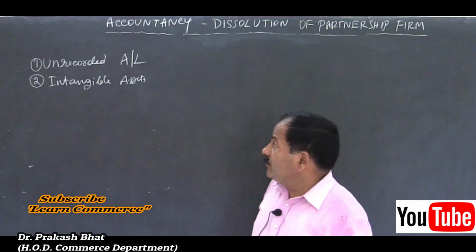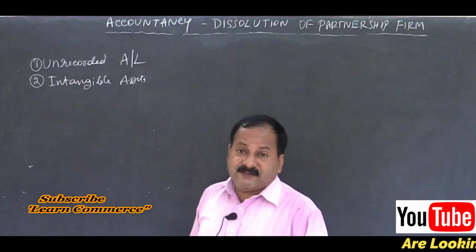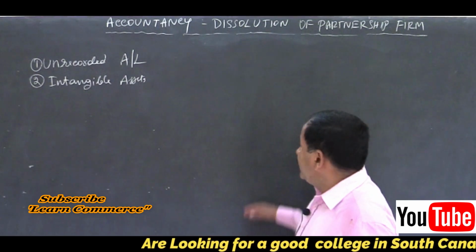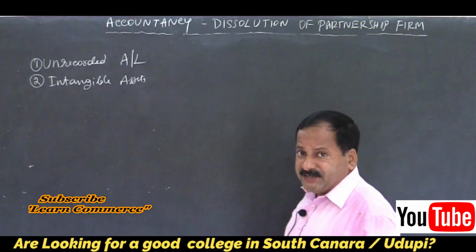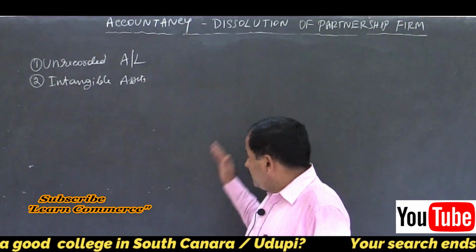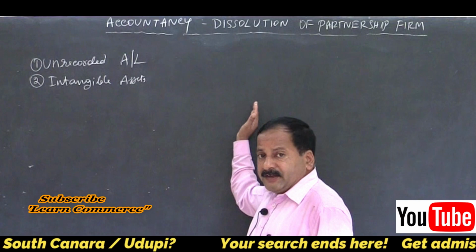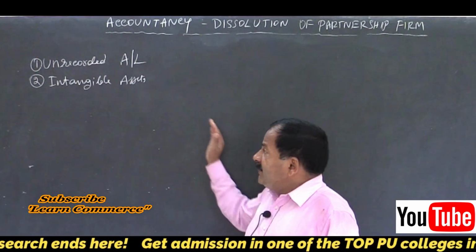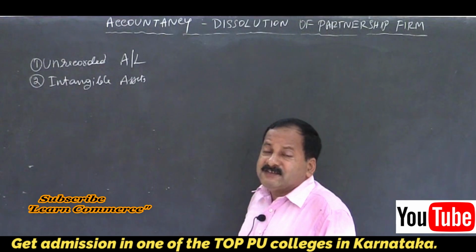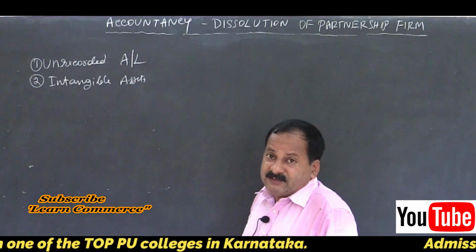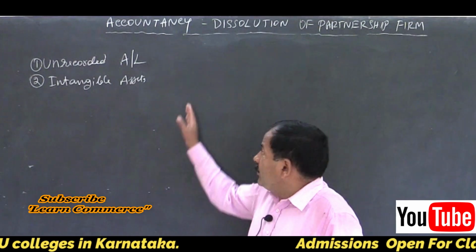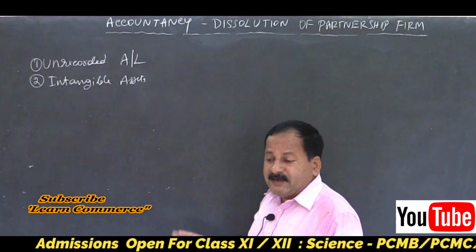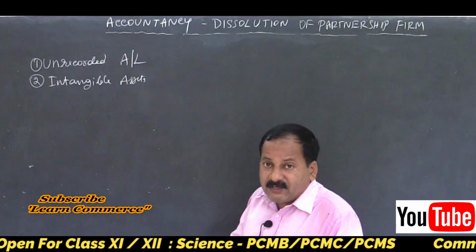But while realizing the assets, on the credit side you will enter by cash or bank all the assets realized, and nothing is mentioned regarding the sale value of intangible asset. Goodwill is there in the balance sheet, you have transferred it at the beginning on the debit side, but nothing is mentioned in the problem regarding the sale of goodwill.